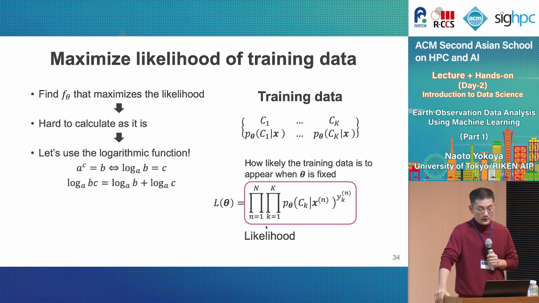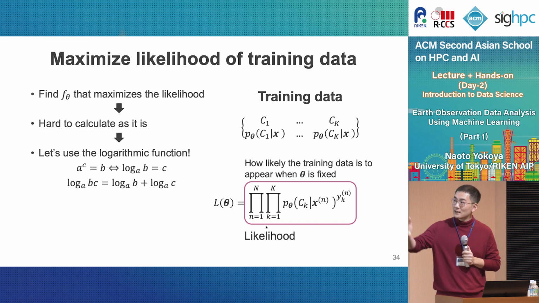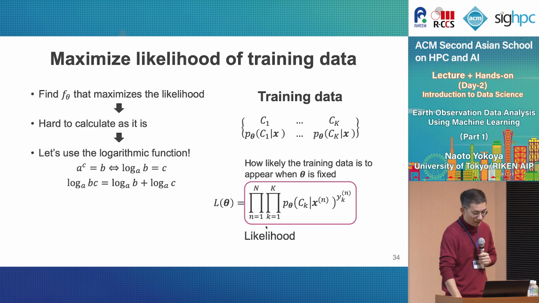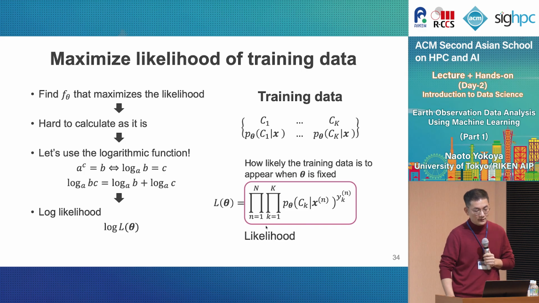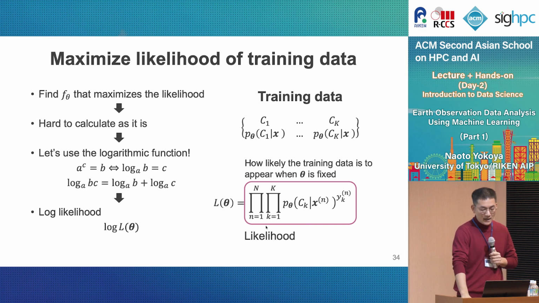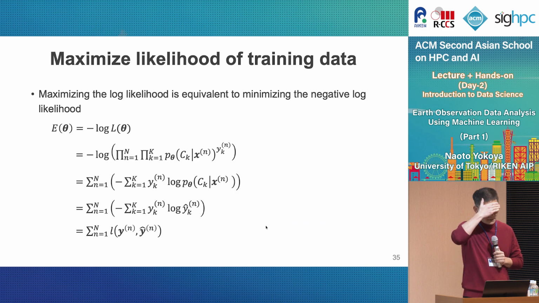By using it, we can keep monotonicity, but convert multiplication to addition, which is very, very convenient. When we study this in junior high school or high school, maybe we are not aware of this fact, but it's very convenient and important. That's why let's use this log likelihood, taking log. And maximizing this log likelihood is equivalent to minimizing negative log likelihood, right?